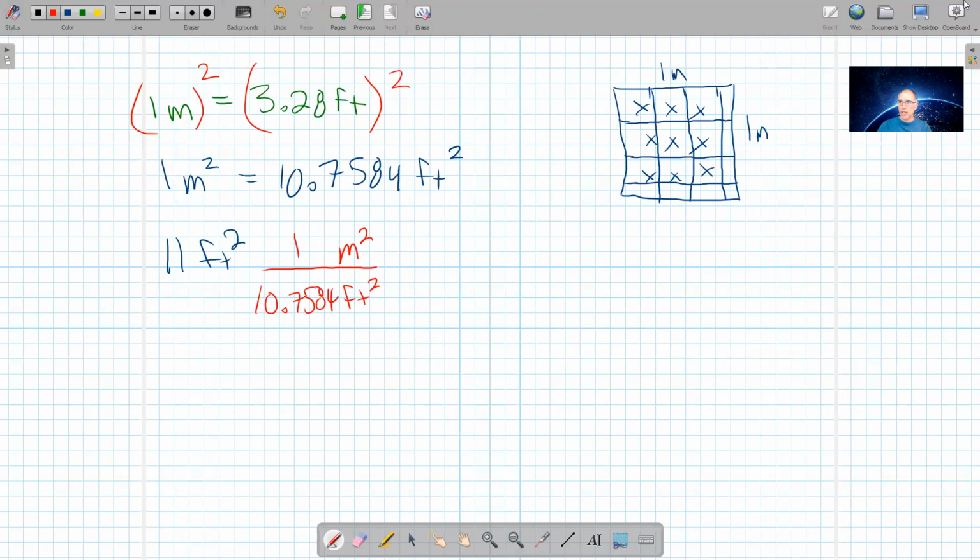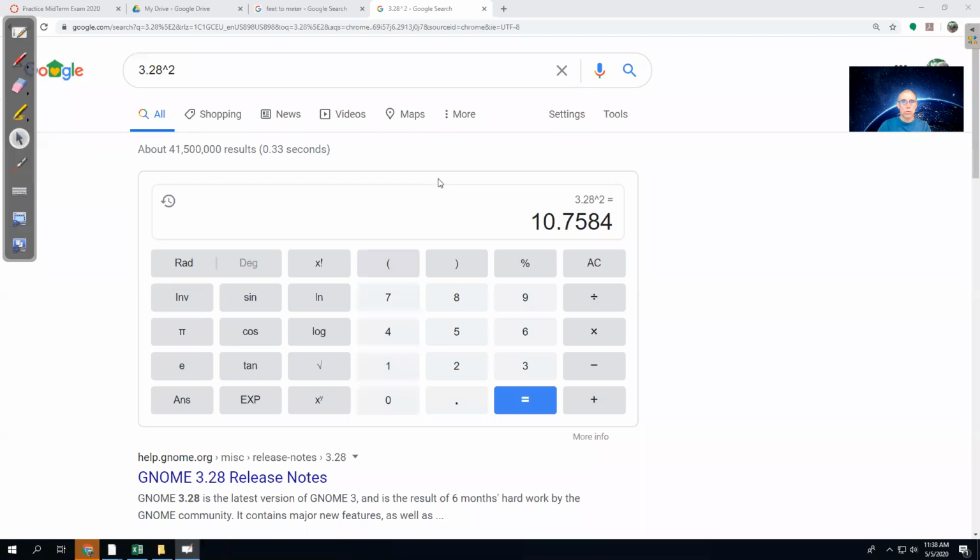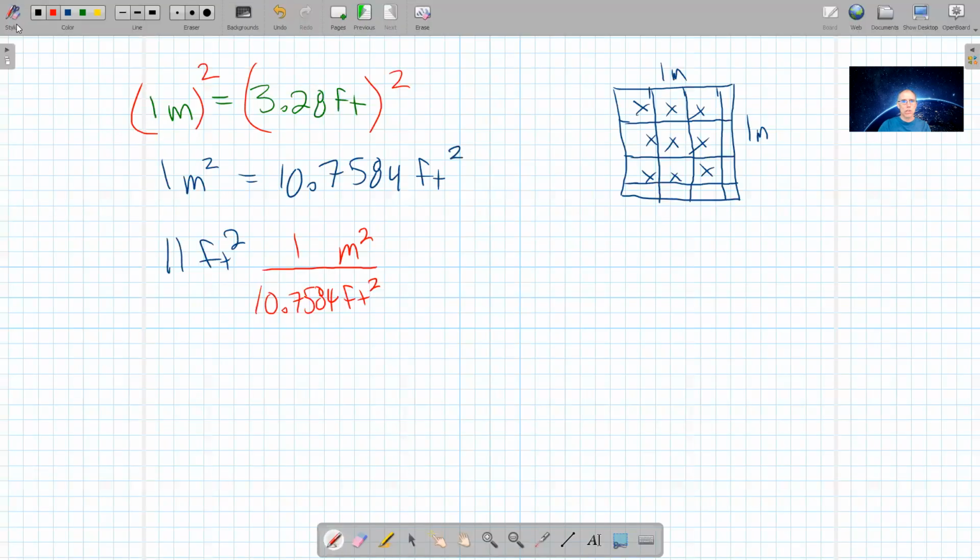Then if I ask my calculator, what is 11 divided by 10.7584? And again, I'm dividing because this number is in the bottom of the fraction. So 11 divided by that.